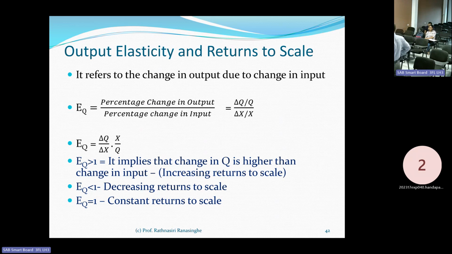So how do we take the percentage change in output?